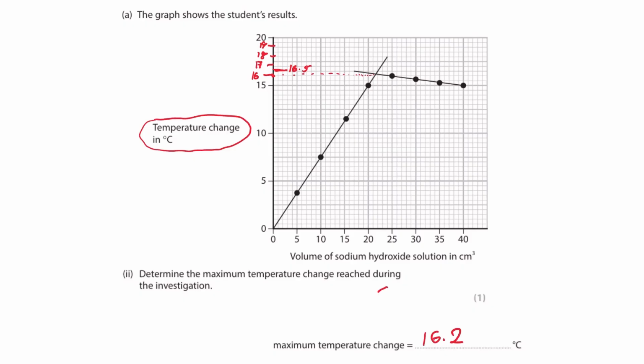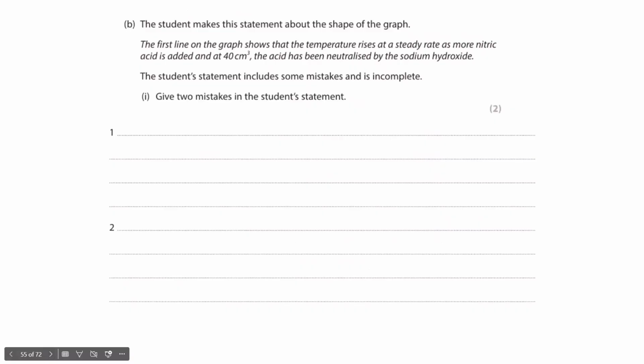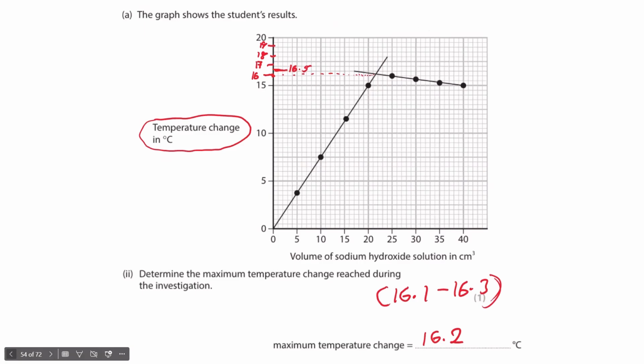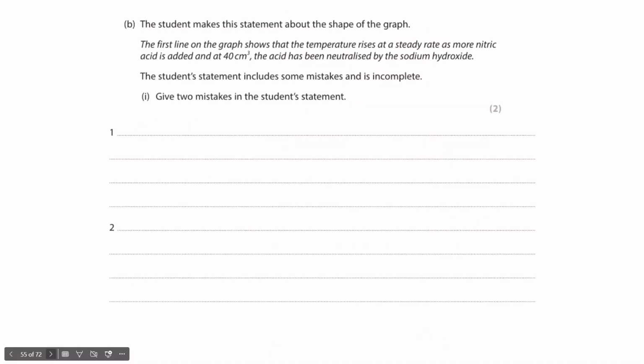If you check the marking scheme, they have given a very narrow range, 16.1 to 16.3. If you are within this range, you get marks, right? These questions are very easy because they just expect you to take the reading from these graphs, and you have to be careful when you take the reading, right?